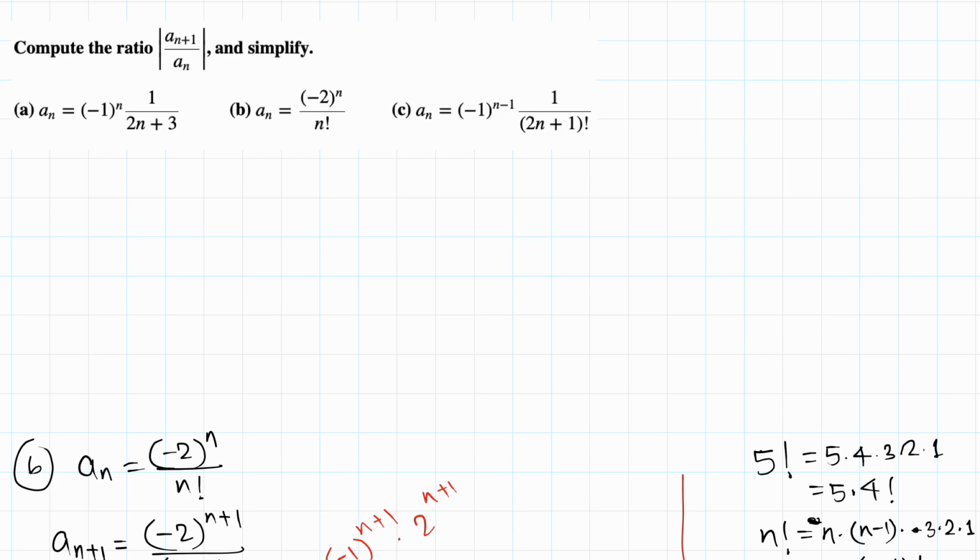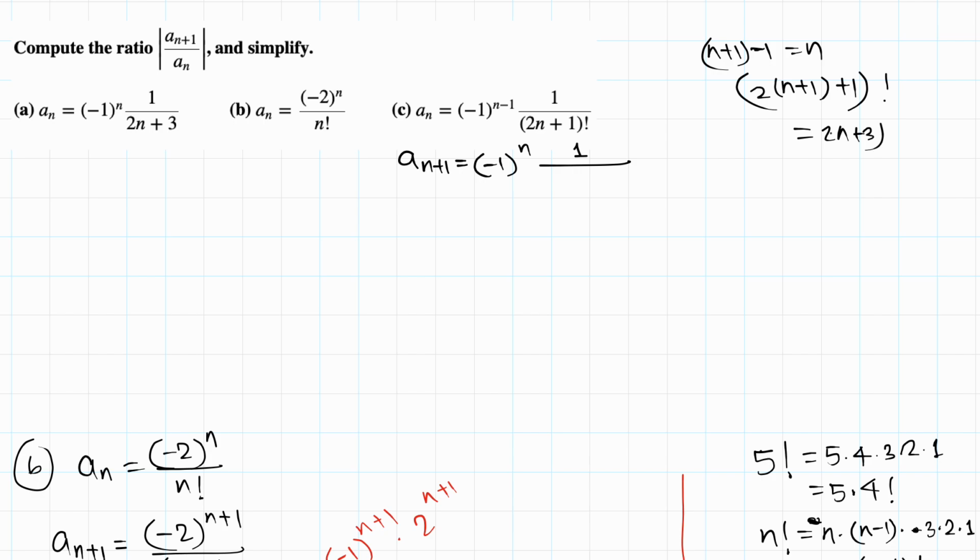So here, what is the next term? This is a_n, so a_(n+1) would be negative 1 raised to, n becomes n plus 1. So n plus 1 minus 1 is simply n. 1 over 2, n becomes n plus 1 plus 1. The 1s cancel, just n. This is 2n plus 2 plus 1, so 2n plus 3. So this is 2n plus 3 factorial.